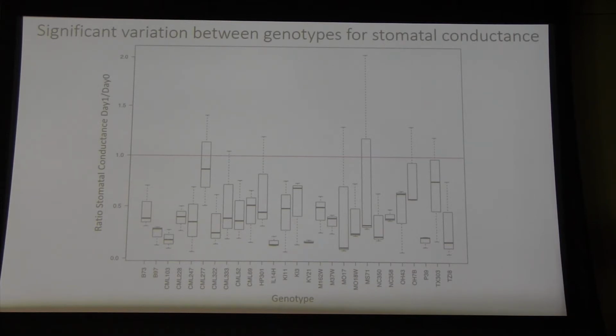The red line represents a ratio of 1, so that would mean that there was no change between day 0 and day 1. Anything below that line means that the stomatal conductance decreased, and anything above that line would mean that it increased. You see that basically all of the genotypes are decreasing their stomatal conductance, but some of them are right around that red line, whereas some of them have decreased dramatically already by day 1.